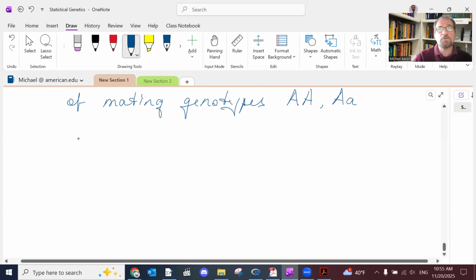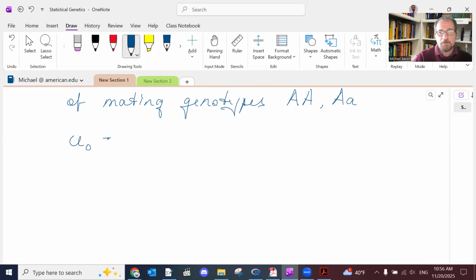So the distribution will be, let's say U0, the proportion of mating dominant homozygotes, is U divided by 1 minus W. So W is the proportion of recessive homozygotes, and they're not allowed to mate, so there will be no recessive homozygotes.